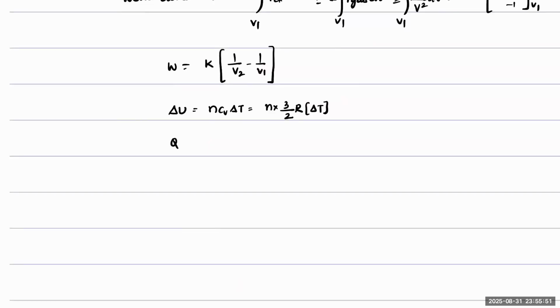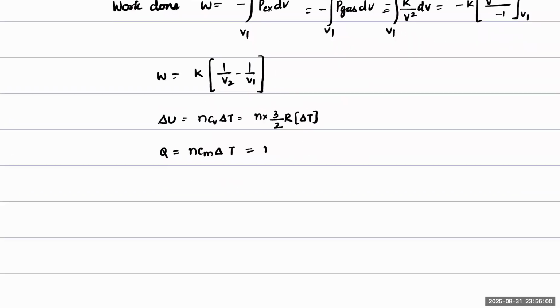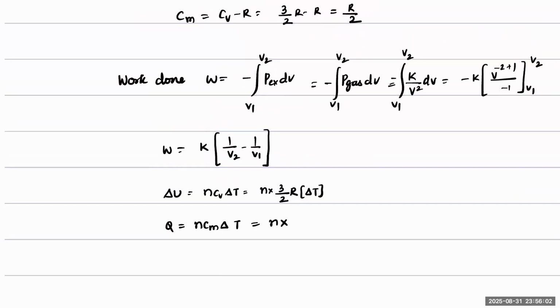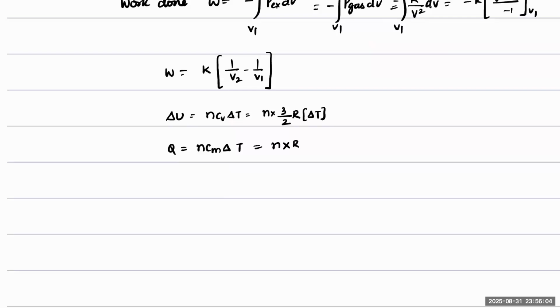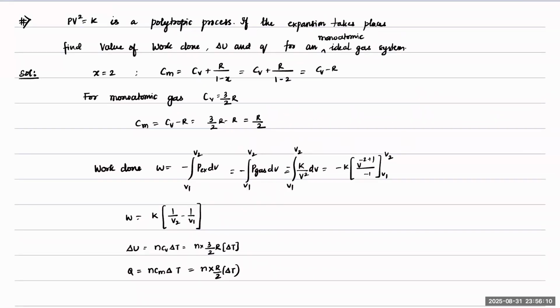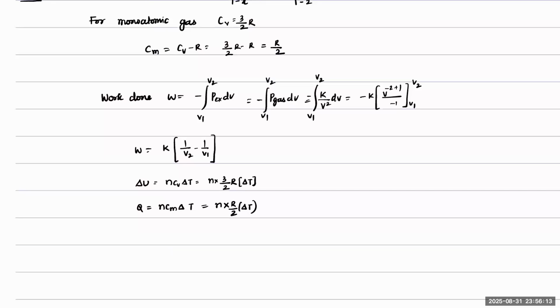Q value will simply be n Cm delta T. And Cm value, we already got this. So n into Cm value, we got it as R by 2. So R by 2 into delta T. So depending upon what factors are given to you in the question, you can calculate accordingly. Clear?